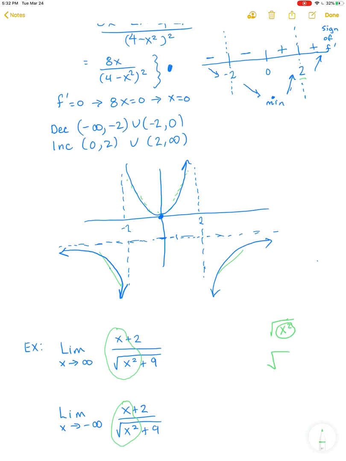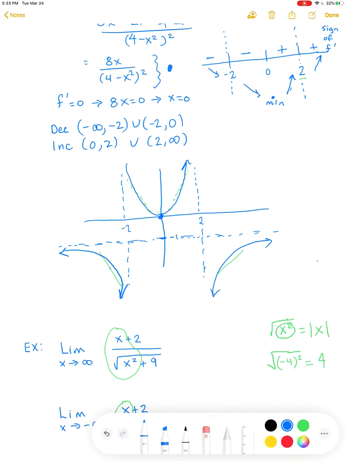So if I had something like negative 4 squared, the square root of negative 4 squared is not negative 4. It's positive 4. Because I do the squaring first. I can't take the square root of a negative number. So technically, the square root of x squared behaves like the absolute value of x.